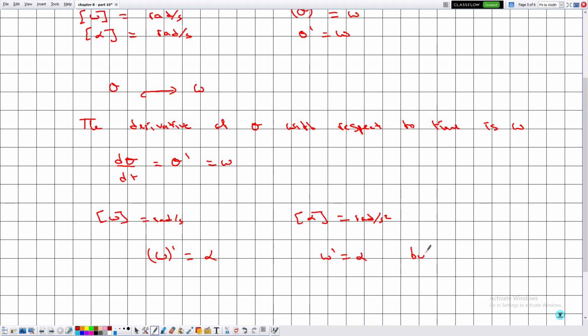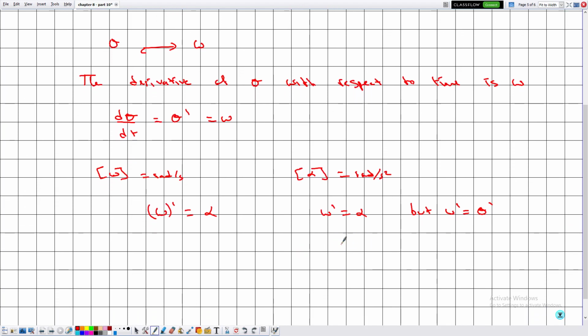But omega is theta prime, so omega prime is equal to theta prime prime, which is theta double prime, the double derivative. So alpha is simply the double derivative of theta.